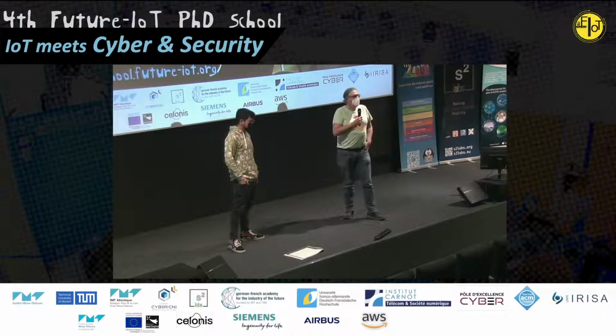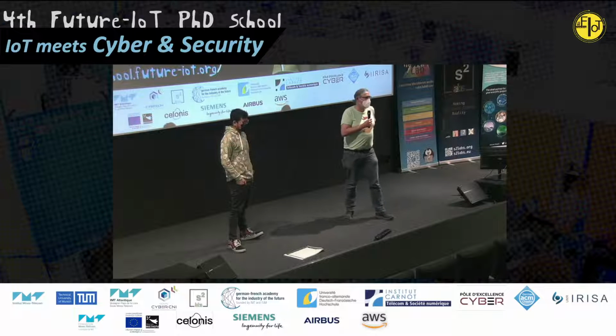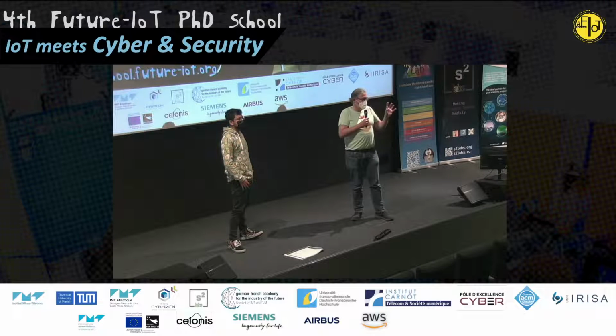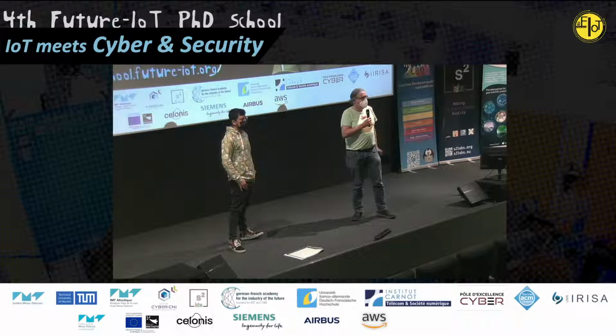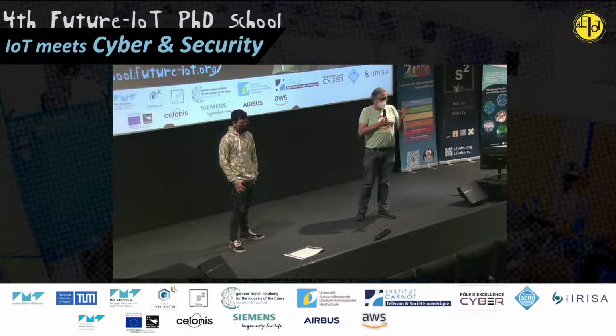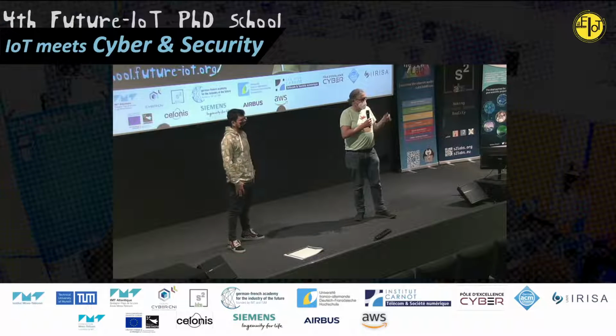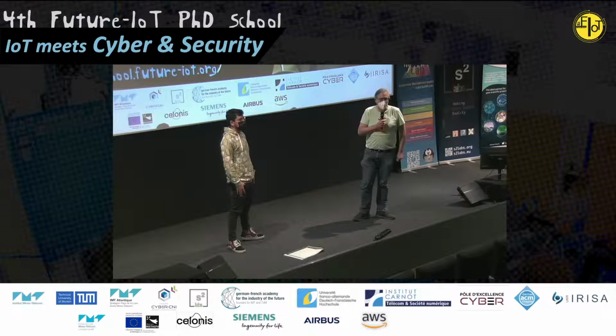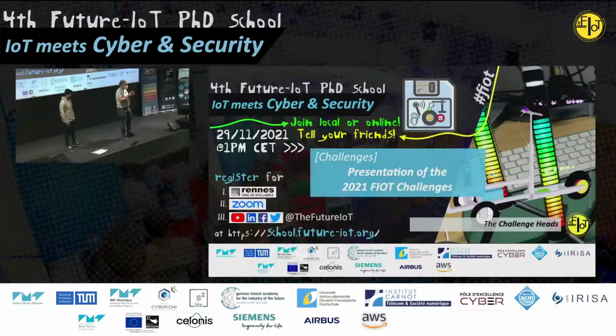What is SCHC, as I said last time, is a compression protocol that allows you to bring IP to very constrained IoT devices. And that's very important because this way you can manage constrained devices and non-constrained devices the same way. So it helps you to have a bigger Internet of Things.